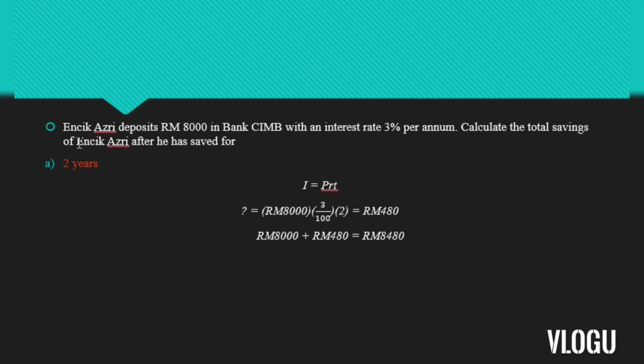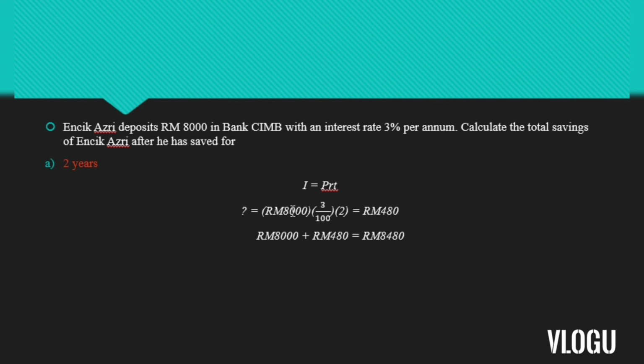And the next question is, Encik Azri deposits 8,000 ringgit in bank CIMB, with an interest rate of 3% per annum. Calculate the total savings of Encik Azri after he has saved for 2 years.